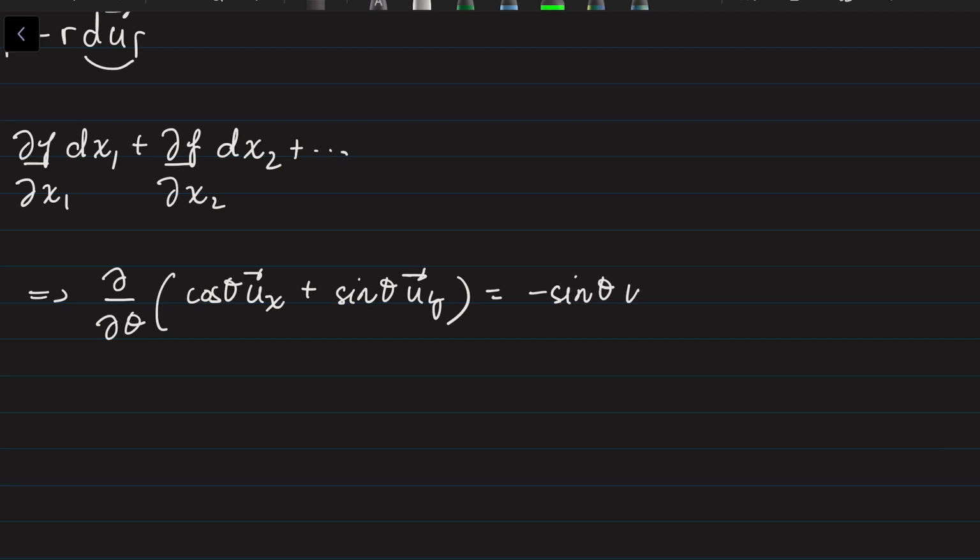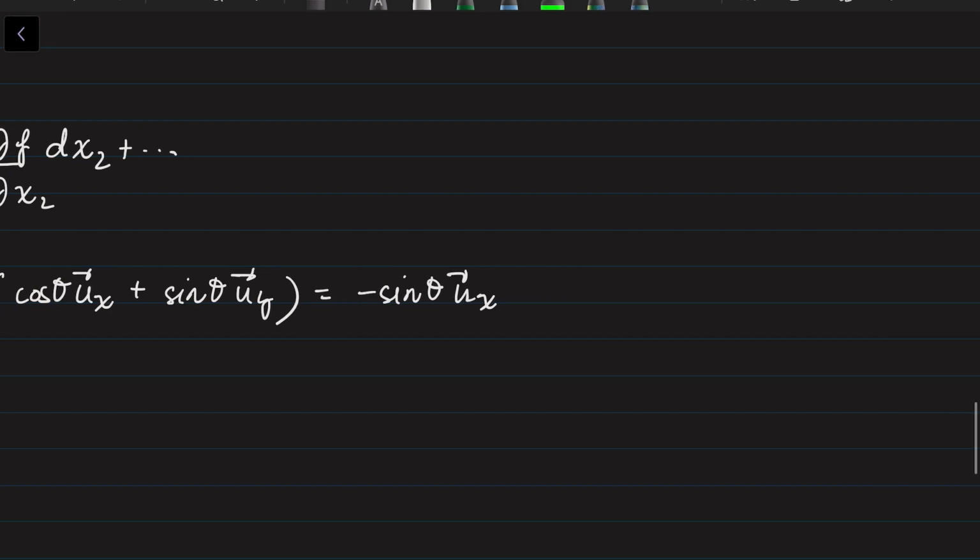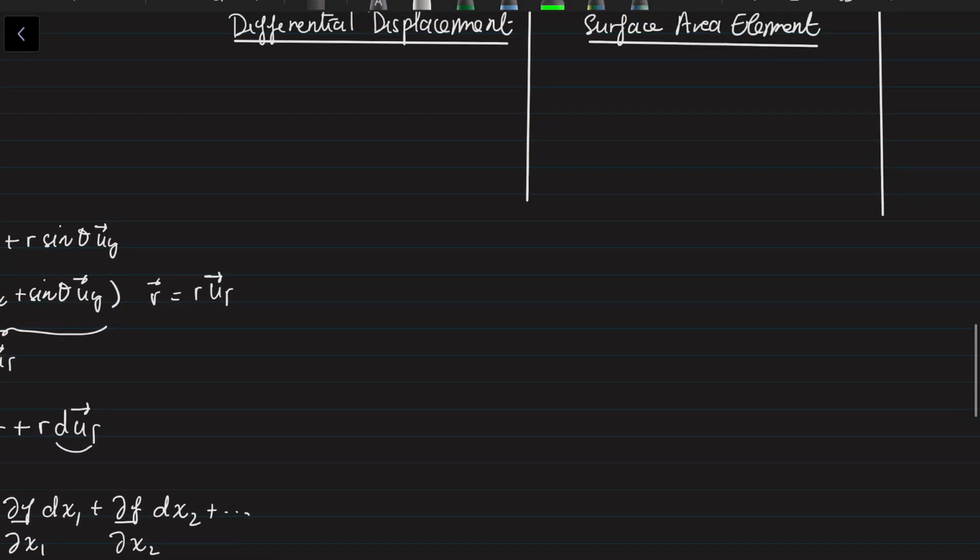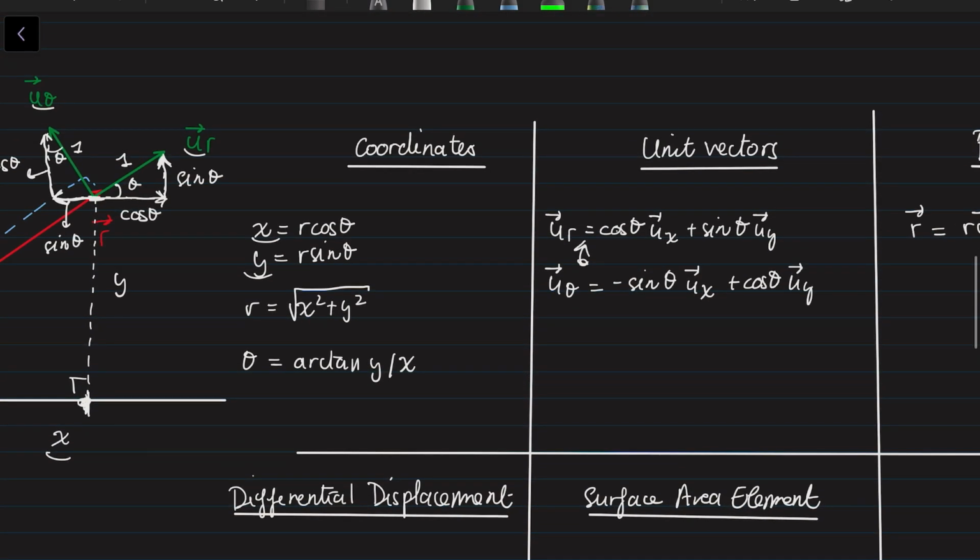Ux is just a constant, so I'm going to keep it there. And then the derivative of sine theta with respect to theta is cosine theta, so plus cosine theta uy. Another interesting thing happens: this is just the unit theta vector we defined. Let me show it to you again. This is minus sine theta ux plus cosine theta uy, so it's the unit theta vector.